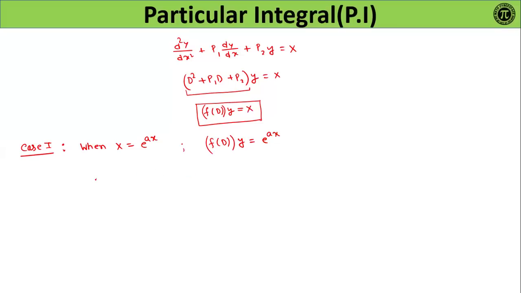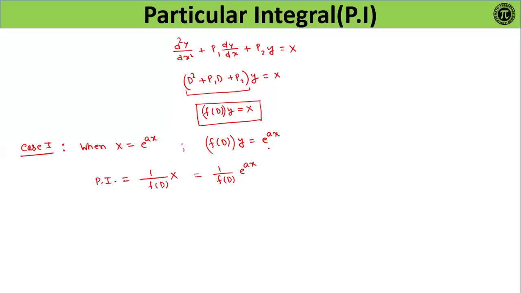The process is: P.I., the particular integral, equals 1 by f of D into capital X. In this problem capital X is e to the power ax, so 1 by f of D e to the power ax.